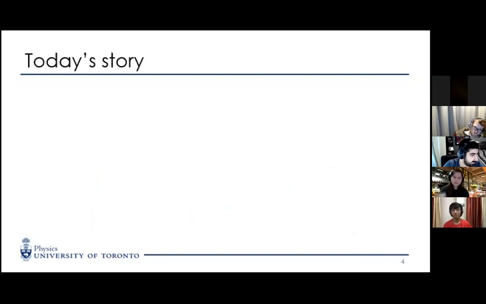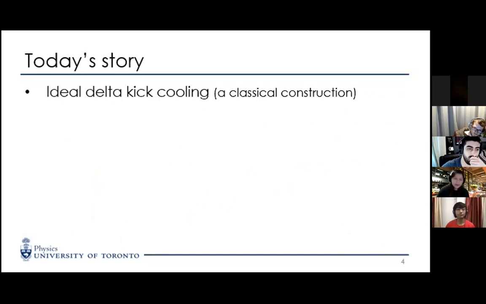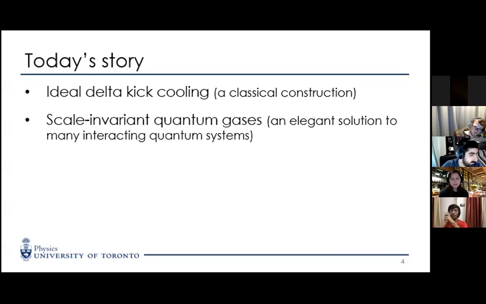Today's story is going to try to touch on all those topics. But first, I'll review the standard construction of ideal delta-kick cooling, which was originally viewed from a classical perspective. We'll then review what scale-invariant dynamics are and some systems that obey scale-invariant dynamics.